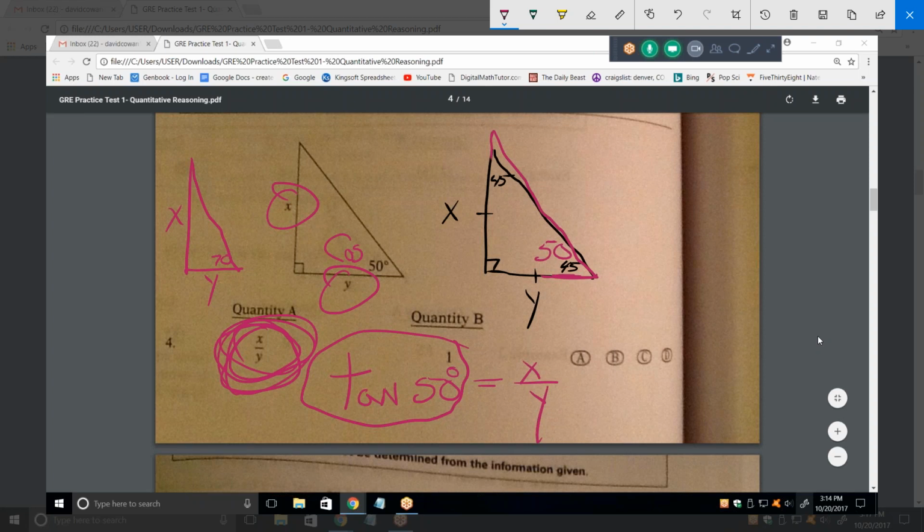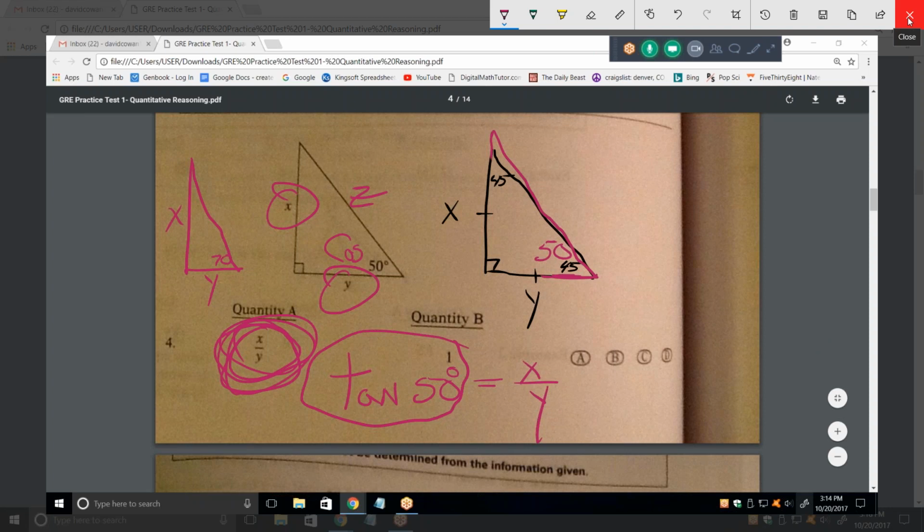Cosine of 50 degrees is going to be a number less than 1, because cosine is adjacent over hypotenuse, and the hypotenuse is always bigger. So x divided by z is always less than 1. If you do cosine of 50 degrees, you're going to get something in the neighborhood of a half. 0.642. Okay, that's good to know. That's the way your trig functions work.